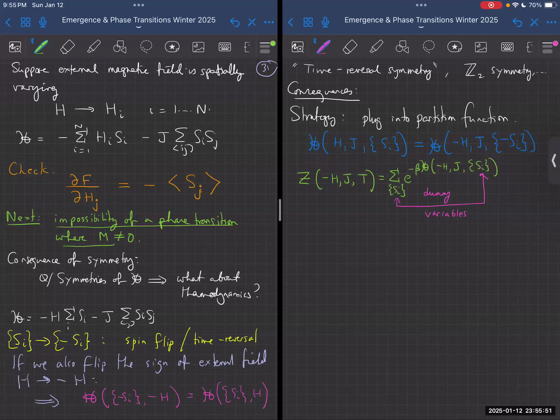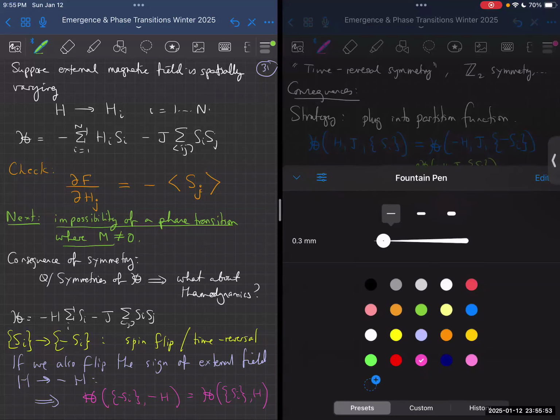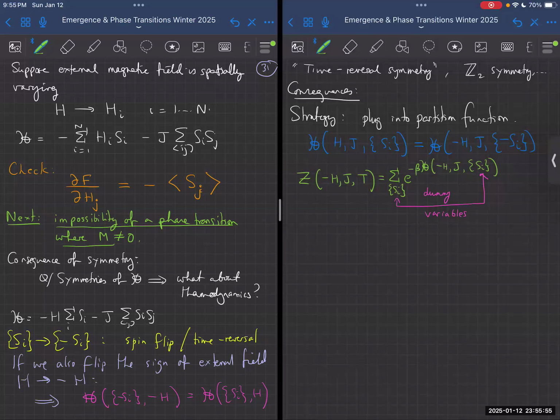And so I can now make a change of variables in this expression over here. I can write this as the sum not of the si's, but the minus si's. Why not? All I've done is make a change of variable. S goes to minus s. So these still equal plus or minus 1, or if you like, minus plus 1.